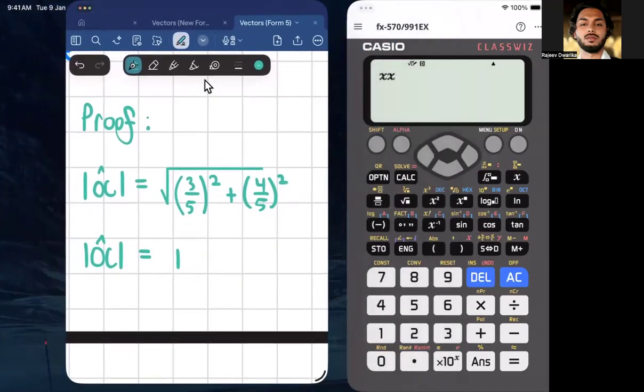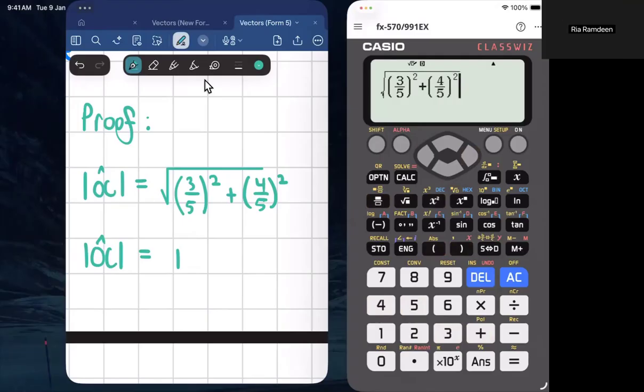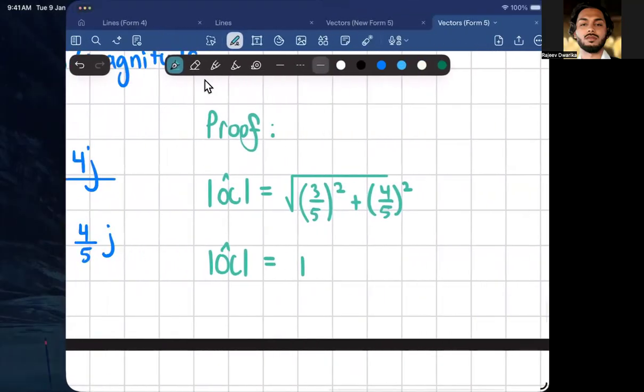Square root of 3 over 5 squared plus 4 over 5 squared. So Rhea, when I press the equal sign, what am I supposed to get? 1. Right, because we just found a unit vector.